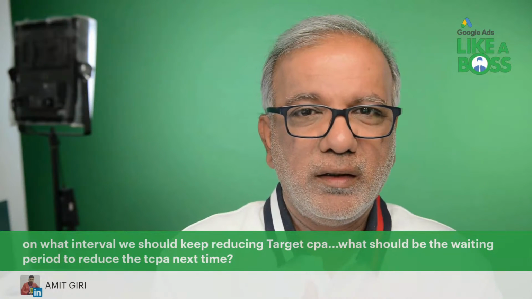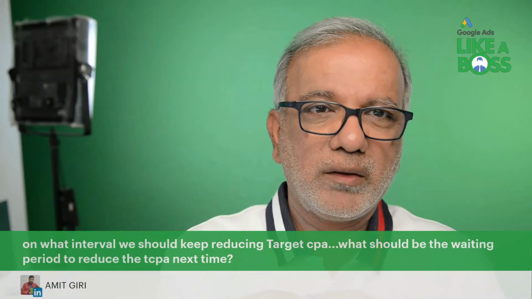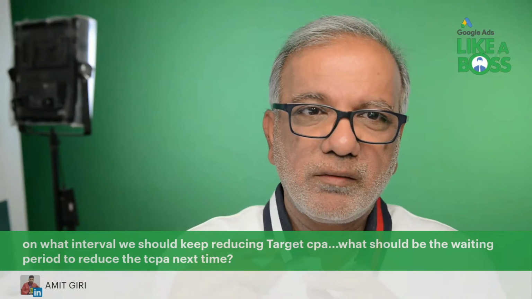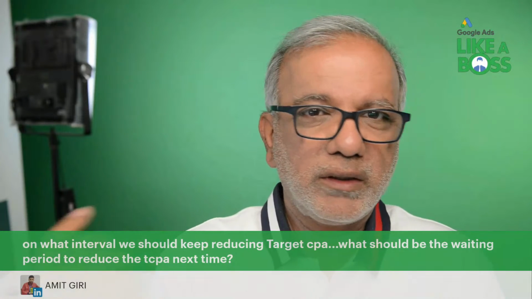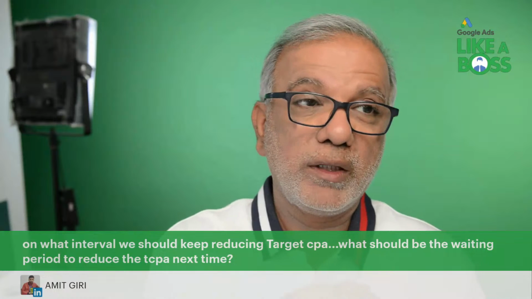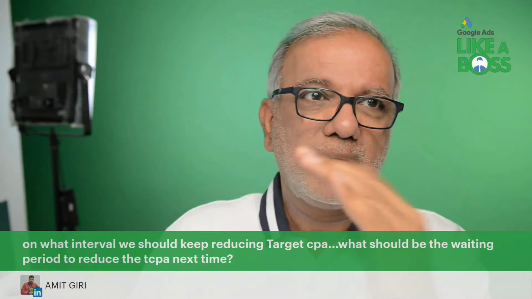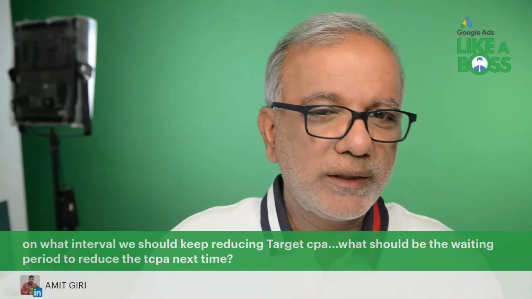In fact, I would copy that campaign. I won't touch it. Make another one. Set the target CPA to 60 or 75 and see if I can get more traffic within my target CPA, and run multiple campaigns at different target CPAs and see where's the sweet spot.